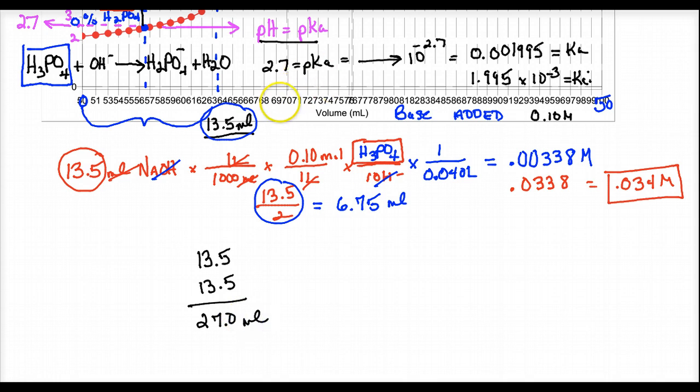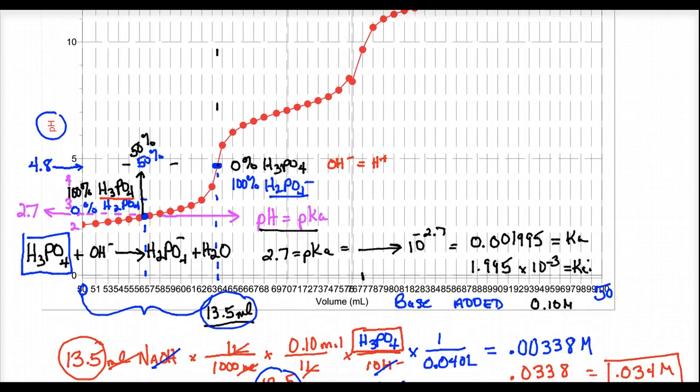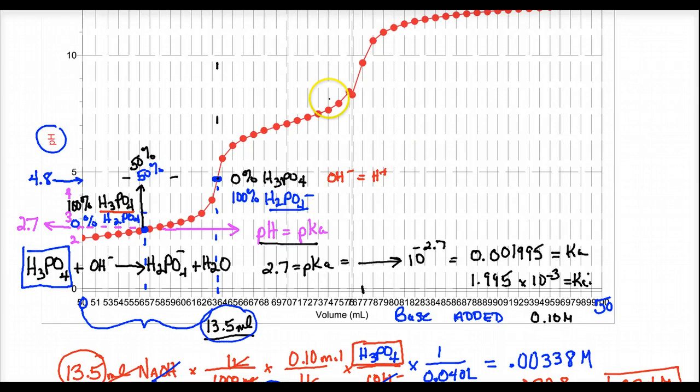At 27 milliliters, and of course I made this difficult for myself and started at 50, 27 plus 50 is 77, and I believe that's here. Although it looks kind of messed up, doesn't it? I'm not sure what happened at this point. Yeah, so 77 is right here. So this is my second equivalence point.